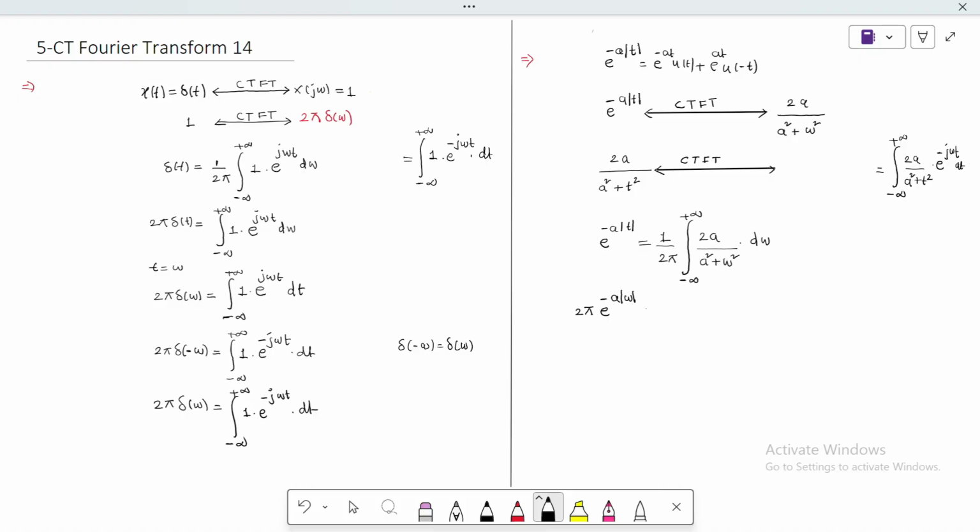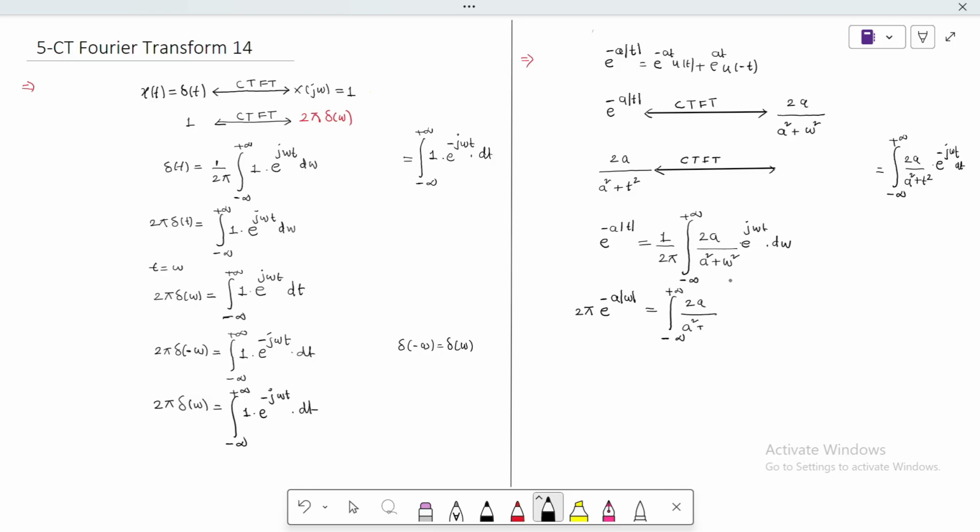So t is replaced by omega. That equals the integral from minus infinity to plus infinity of 2a by a square plus, sorry, I forgot here, e power j omega t into d omega.